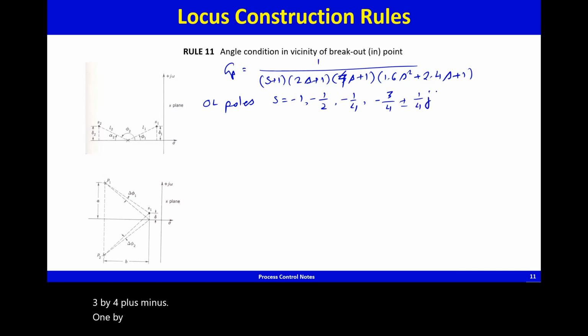These are the poles: minus 1 by 4, minus half, minus 1, minus 3 by 4, 1 by 4. Five poles, and I want the breakpoint over here.